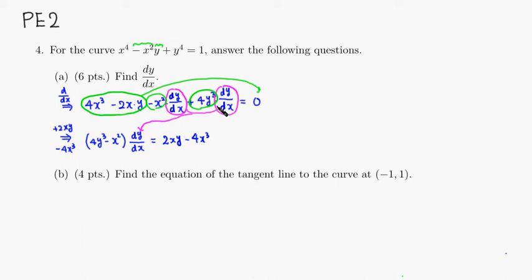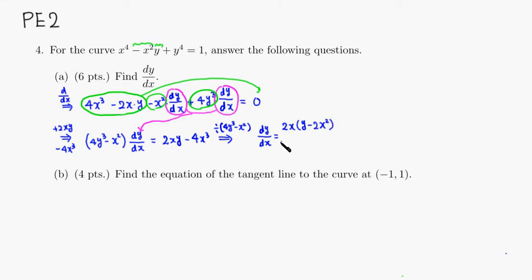Then the last step is we can just divide through by 4y cubed minus x squared. So we have dy over dx equal to, since 2x is in common, I'm going to factor 2x out, and then you have y minus 2x squared.